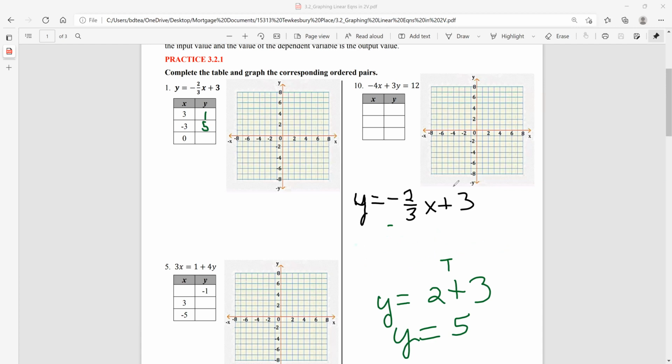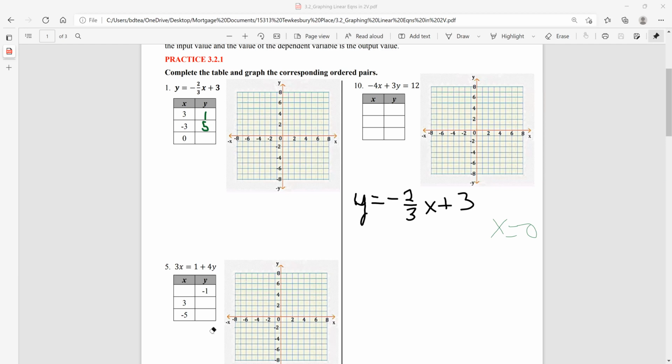And if we look at the very last x value, they have here that x equals 0. We should be able to handle this pretty easily.